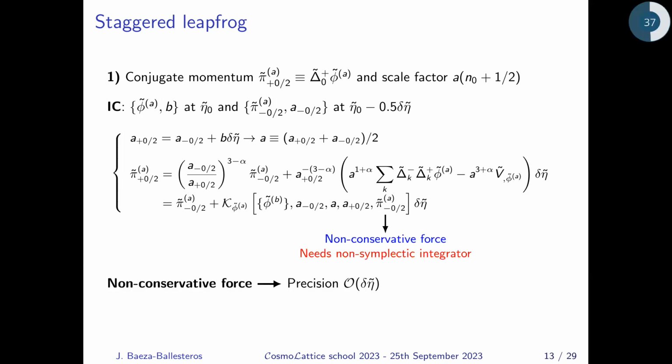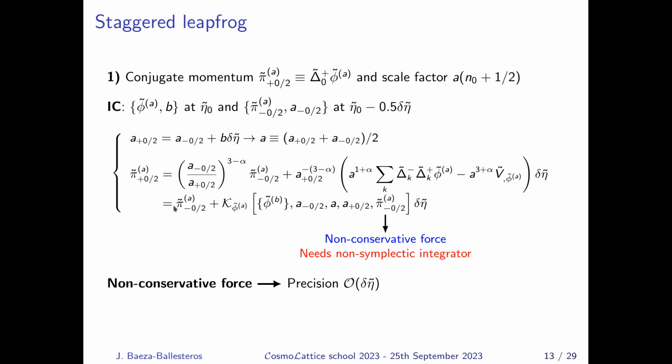And this is a problem, since, as you saw yesterday, this means that the force is non-conservative, and then we should use a non-symplectic integrator, a more complicated algorithm to properly get this equation solved.